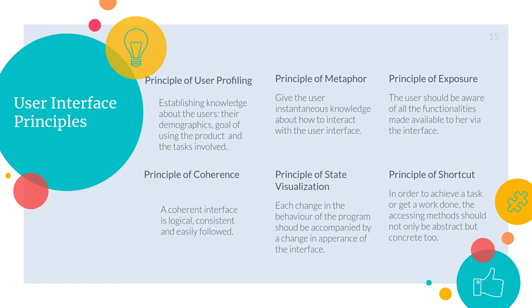So you consider all these things in the user interface design. And then the next one, we have the principle of metaphor. The principle of metaphor gives the user instantaneous knowledge about how to interact with the user interface. Just like I said, even without a heavy manual, the user should be able to interact with it. For instance, I'm not sure you read a Twitter manual before using Twitter.